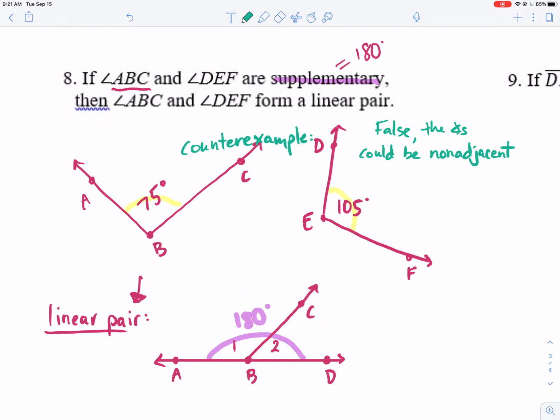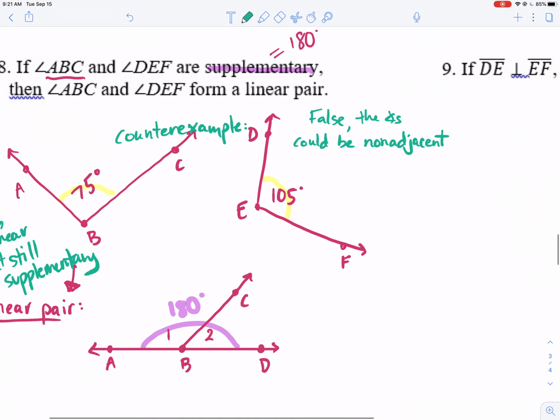So they are not a linear pair, but still supplementary. Okay, so make sure you don't jump to conclusions too fast when we're doing these proofs and different things.